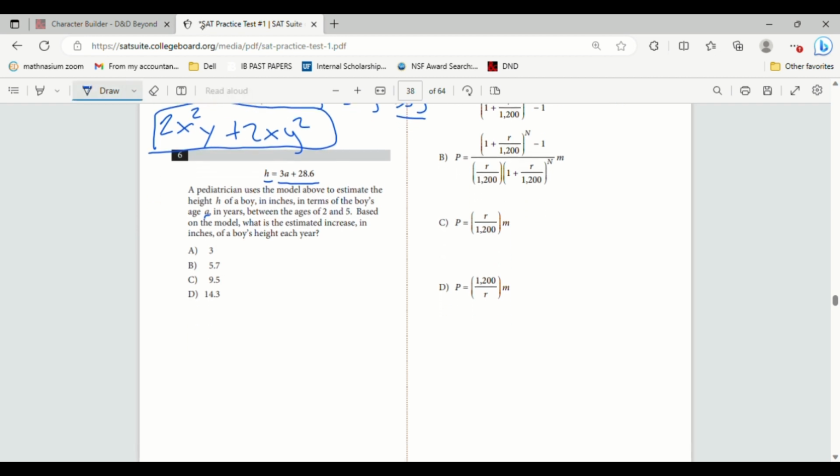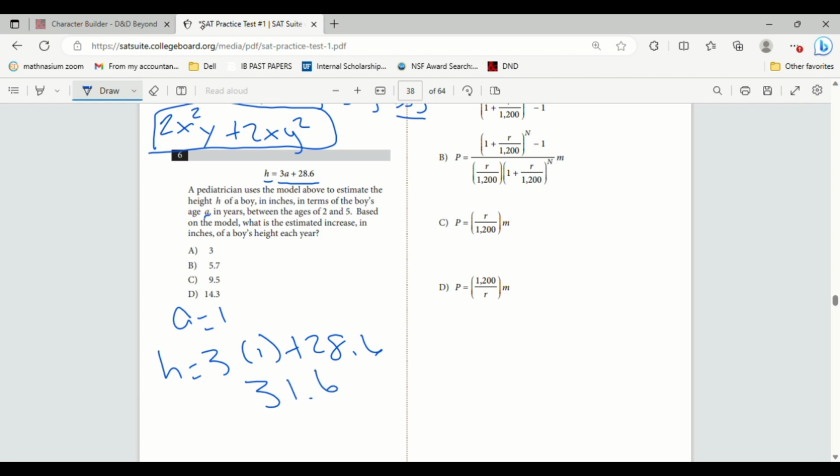So let's just say, for example, and this is always something good to do, plugging in numbers to simplify and to clear up any confusion in the given equation. If the boy's age, let's say he's 1, that means that h, or height, equals 3 times 1 plus 28.6. 28.6 plus 3 is 31.6.